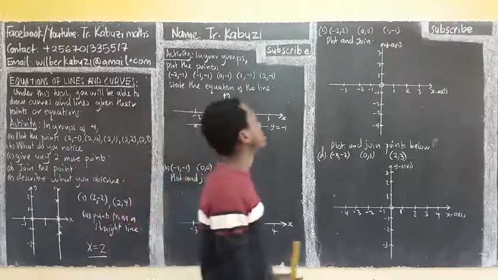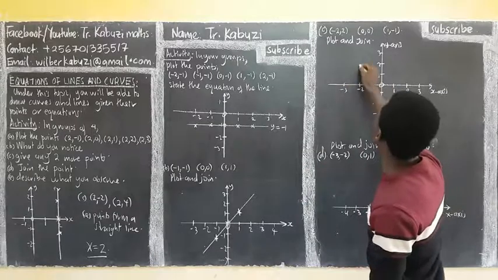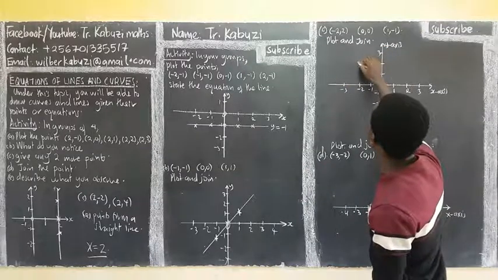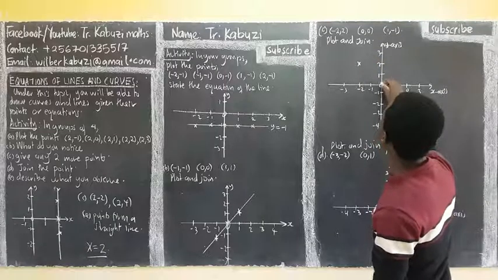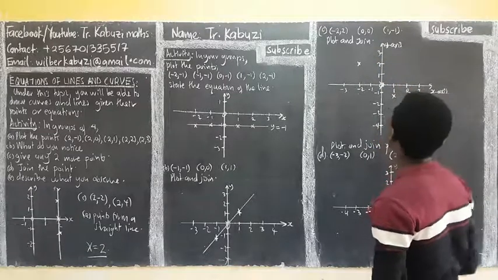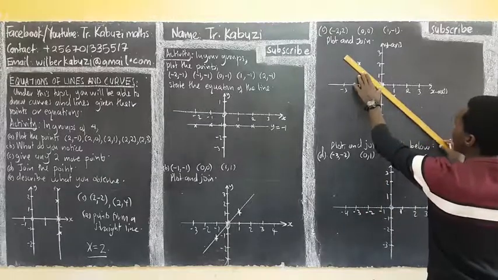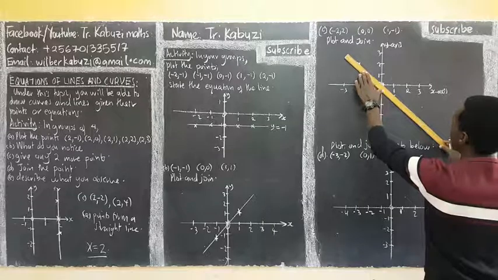Okay, when you come to this, the same. We have (-2, 2), which is there. Then we have (0, 0). Then we have (1, -1), which is there. Plot and join. So this was the simplest exercise.